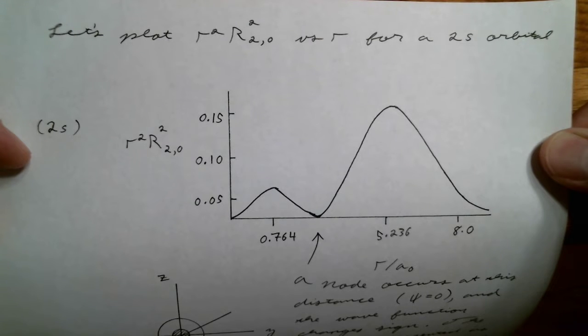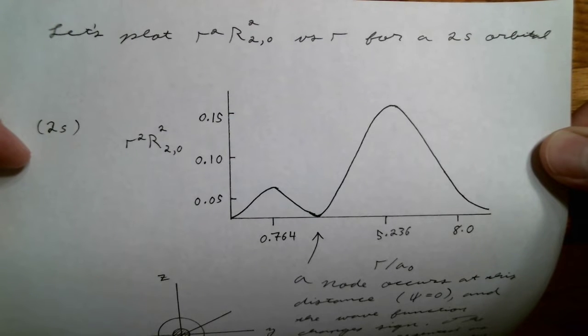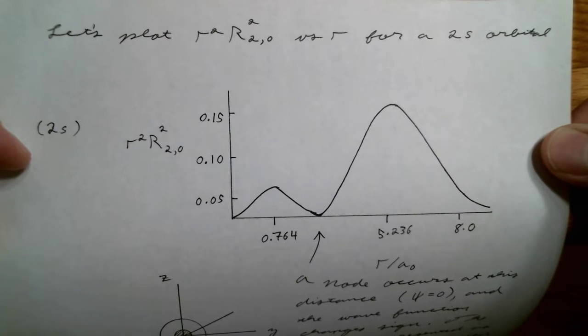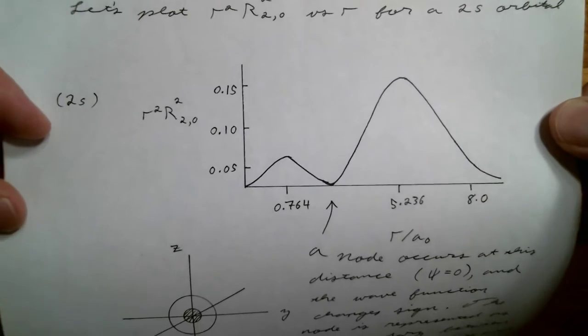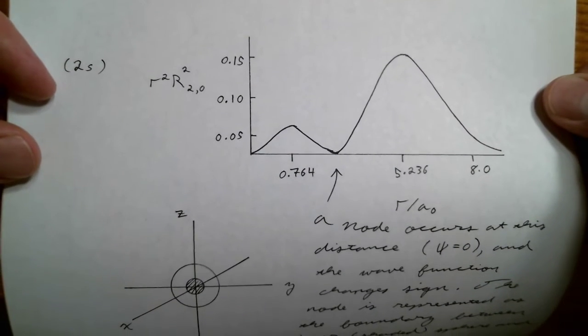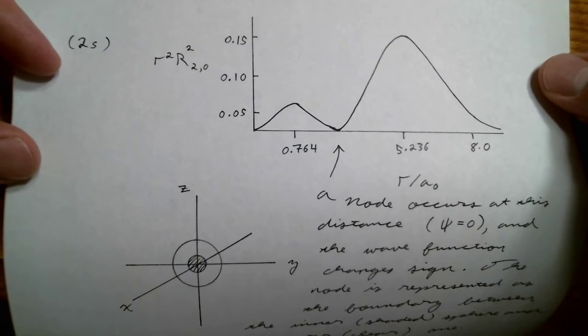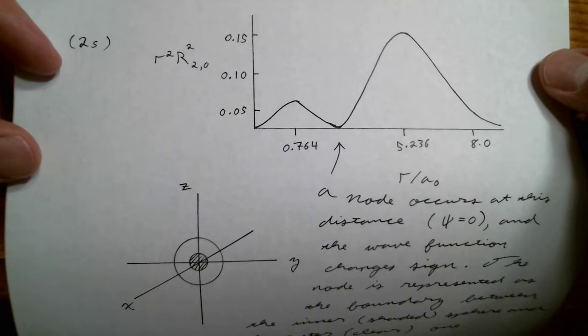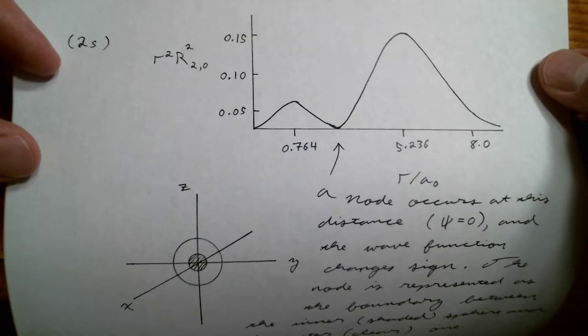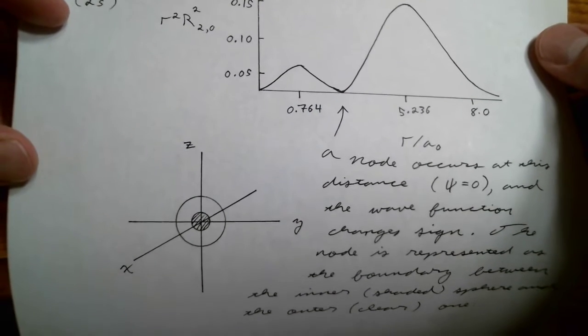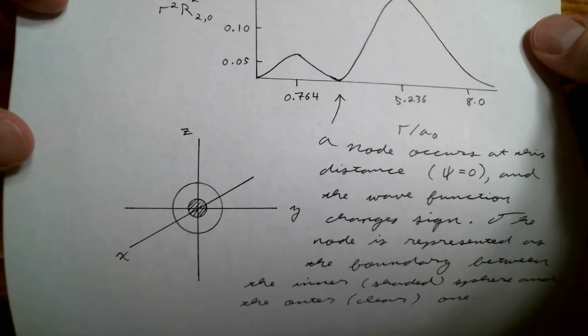And remember, when we had a lengthy discussion of the form of the wave functions, we decided that at some point the wave function for our 2s orbital dropped to 0 at some distance r from the nucleus. And in fact, that's what we see when we plot this r squared times the radial function squared. We see a node that occurs at this particular distance from the nucleus, where psi goes to 0 in terms of r over a naught, and the wave function changes sign.